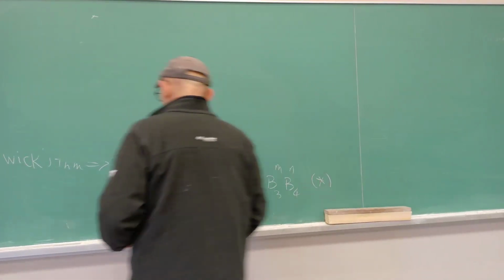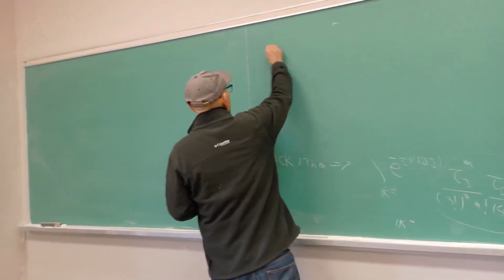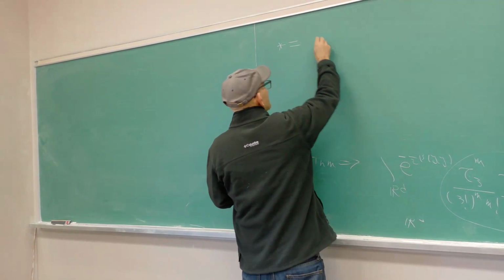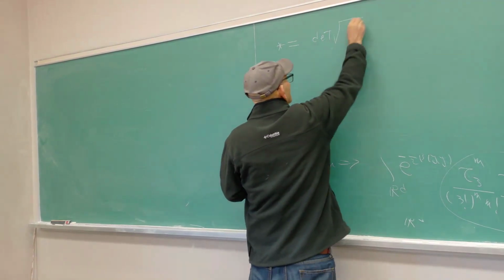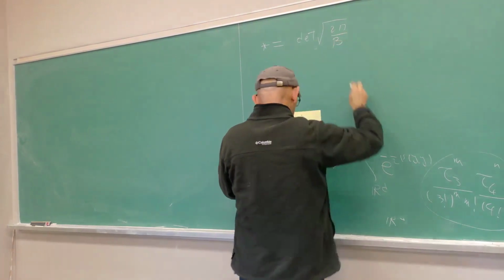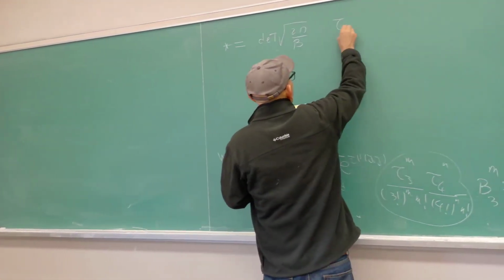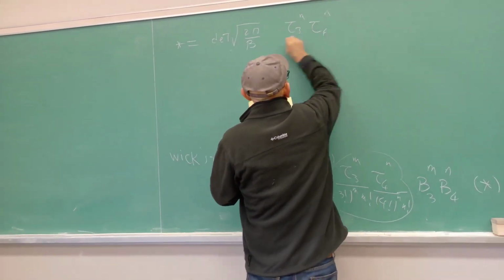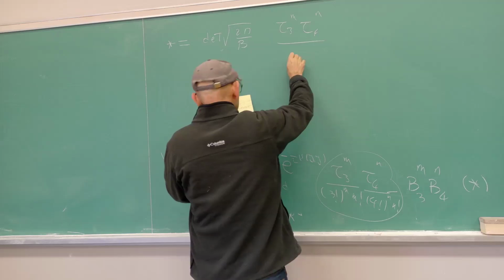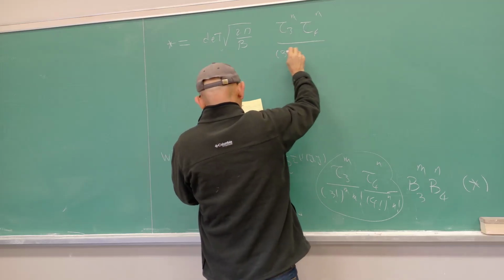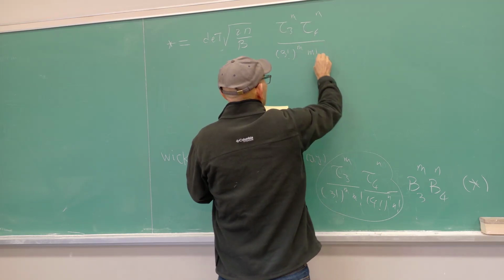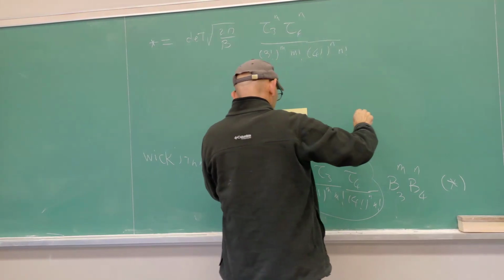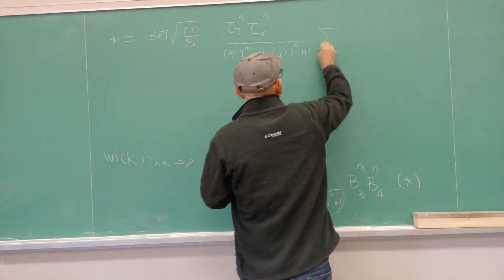Wick's theorem says that star is equal to 2 pi, the determinant of this is the Gaussian part, 2 pi over B, to the power, times tau 3 to the power m, tau 4 to the power n over 3 factorial to the power m, m factorial, 4 factorial to the power n, n factorial, times the sum.